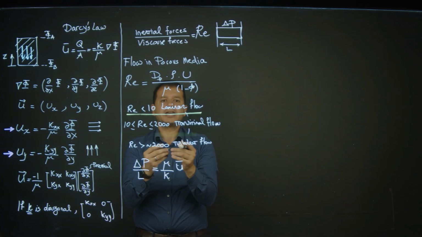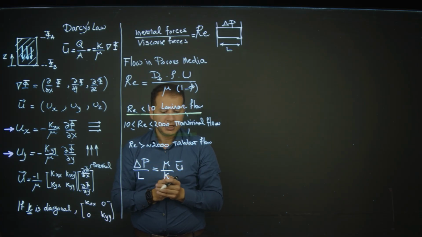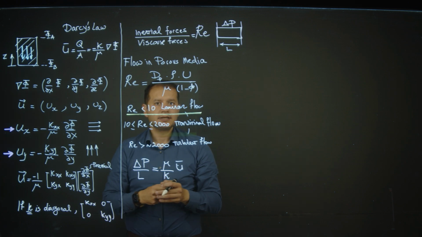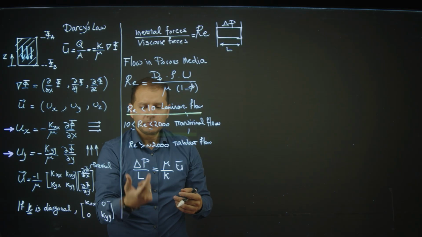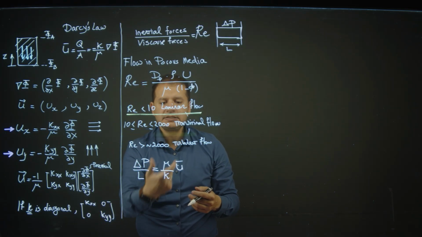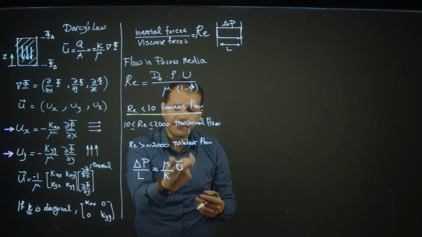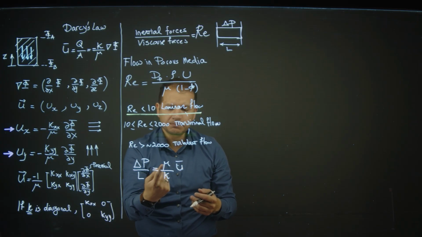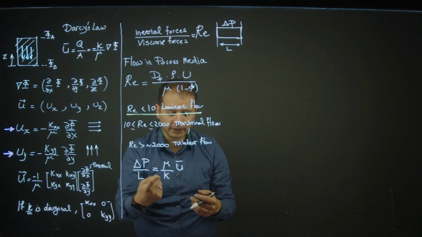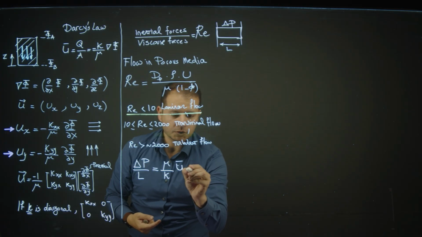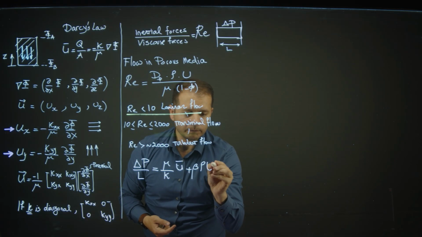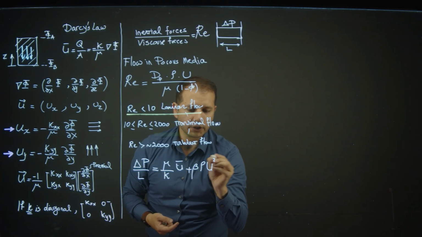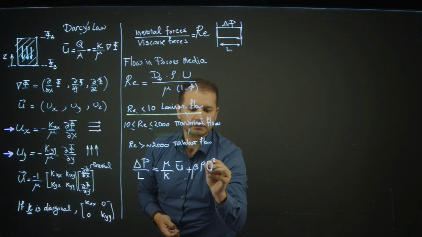But if Reynolds gets a bit bigger, you have inertial forces to be considered, and that's where the Forchheimer correction comes and says, you know what? Potential drop or pressure drop is not just a linear function of velocity, based on viscosity and permeability, a kind of viscous drop, but you also have some coefficient of the momentum, rho u squared, to consider.